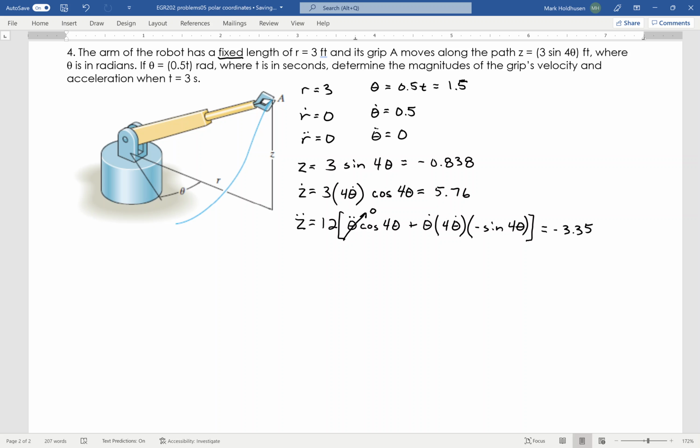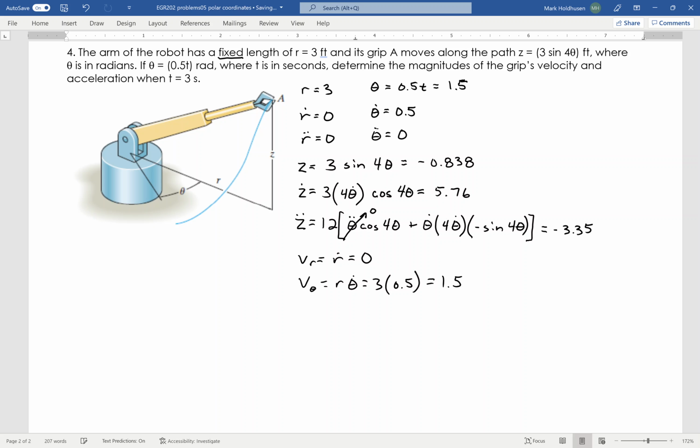Okay, so from this, I want to find the velocity and the acceleration now that I know this. Okay, so I know all my z velocity and acceleration, that's given right there. But what I do need to do is find VR, which again is r dot, which we know to be 0. I go v theta, which is going to be r theta dot, which will be 3 times 0.5, which is going to be 1.5.